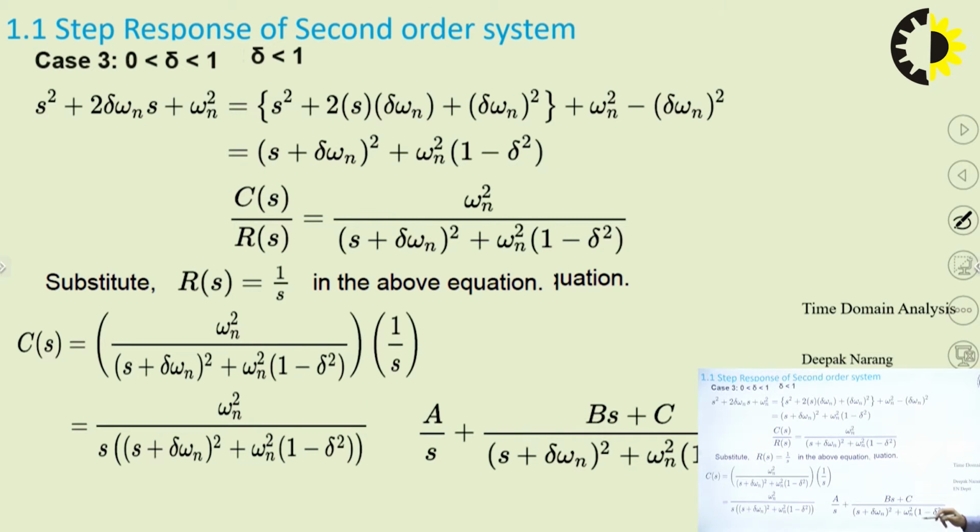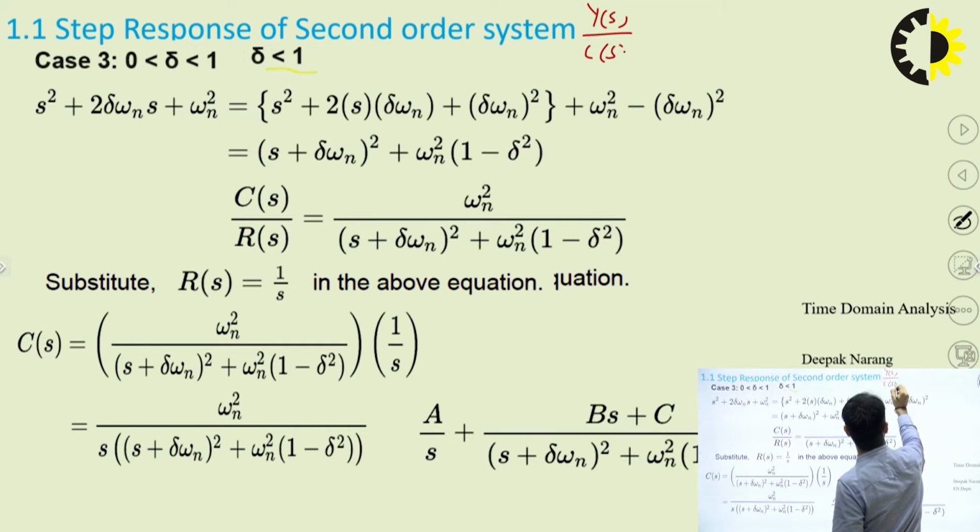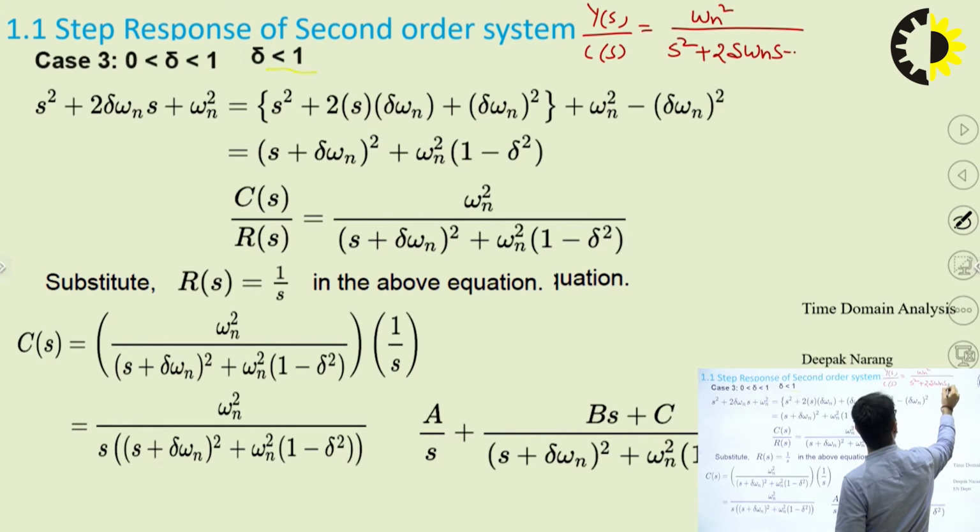Now the main part is when we consider the system for underdamped systems where delta is less than 1, and for this we have to do some mathematical manipulation to take the Laplace inverse. First of all, write the overall transfer function which we have been using since the start, omega n square upon s square plus 2 delta omega n s plus omega n square.